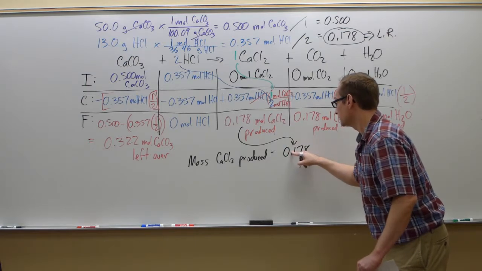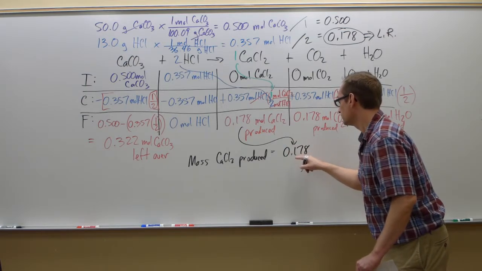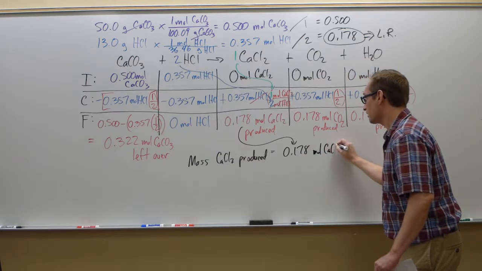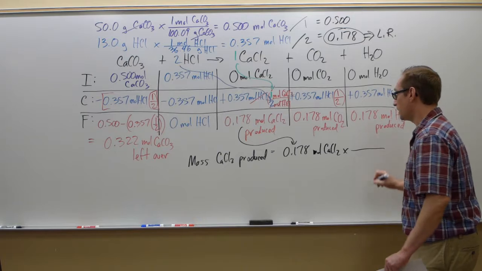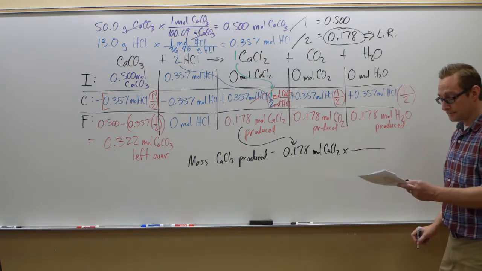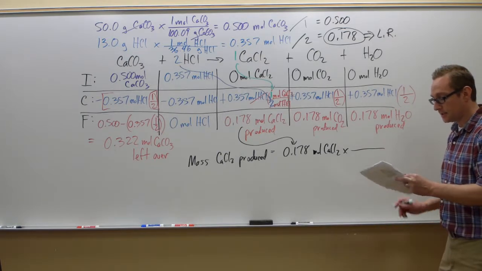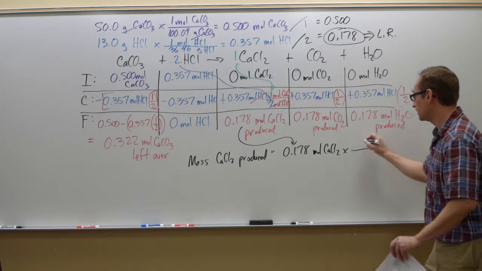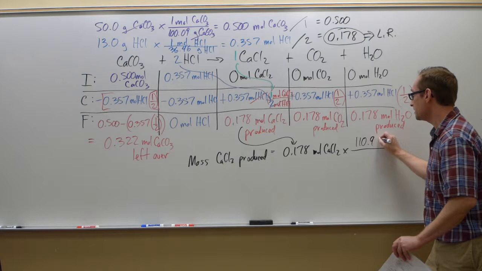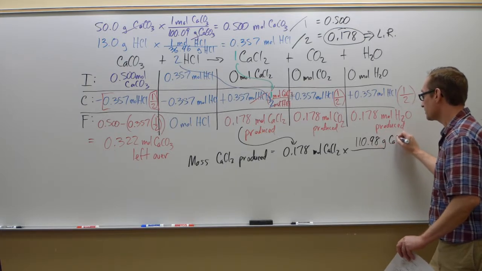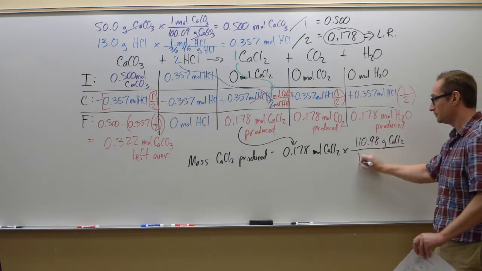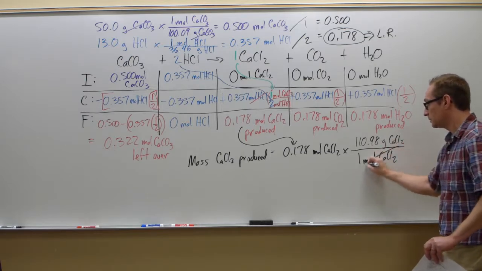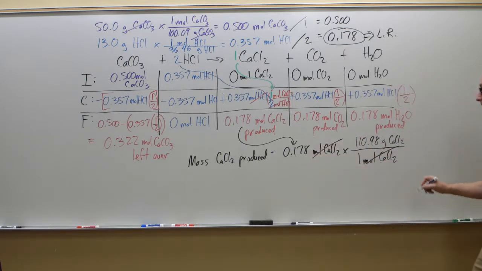0.178 moles of calcium chloride times the molar mass of calcium chloride, which comes out to be 110.98 grams of calcium chloride for every 1 mole of calcium chloride.